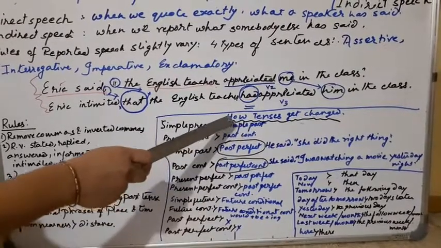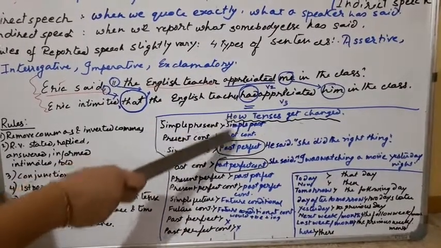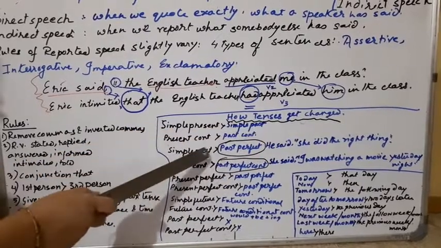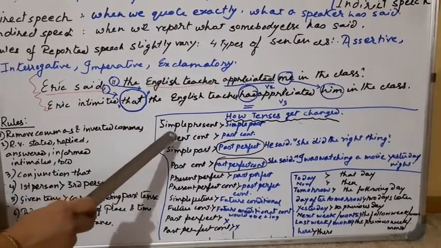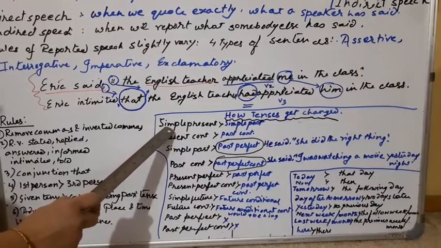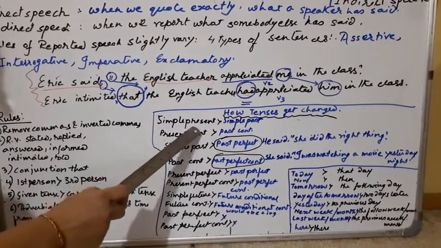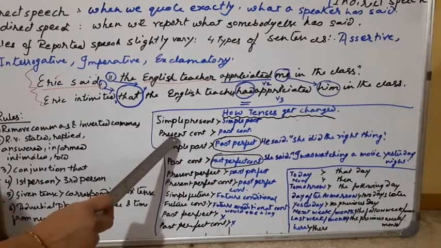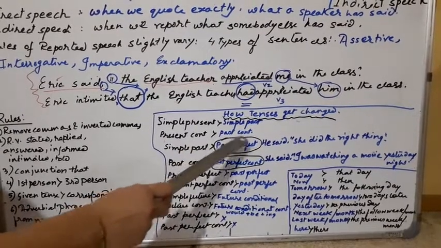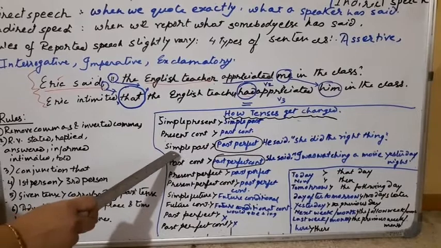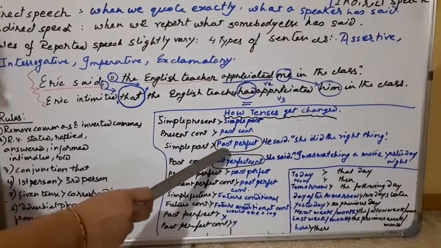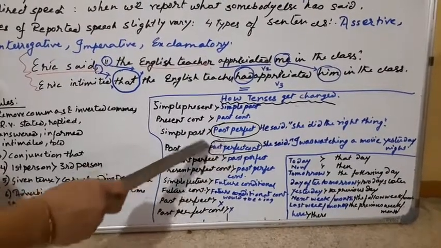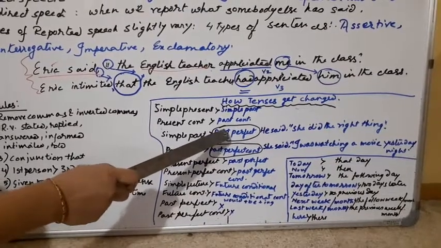Let us see now once the tenses, how the tenses get changed here for reported speech. See, if the sentence belongs to simple present, it gets changed to simple past. If it is in present continuous, then past continuous. When the sentence is in simple past, it changes to past perfect. It is more difficult and more confusing for my students often.